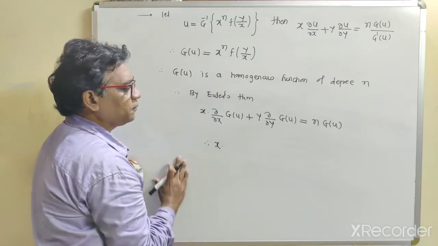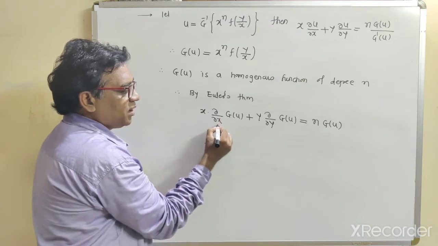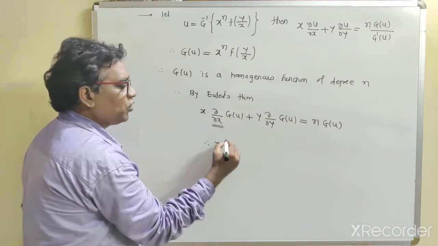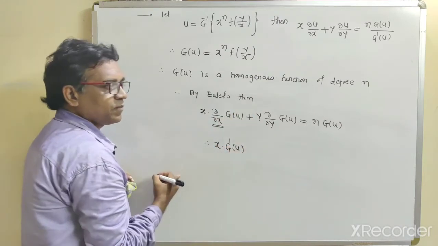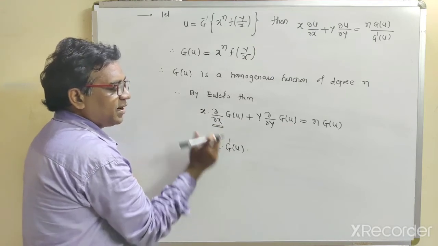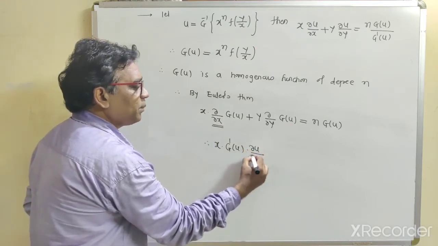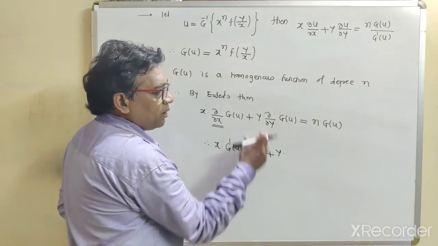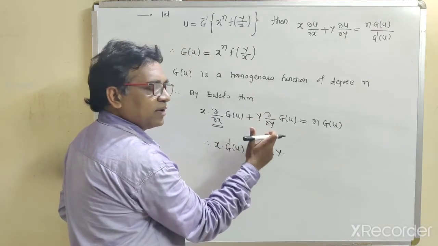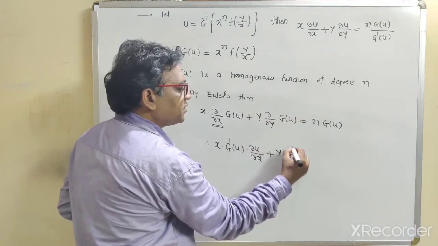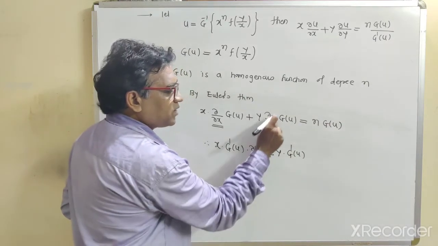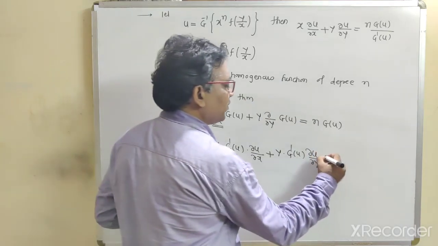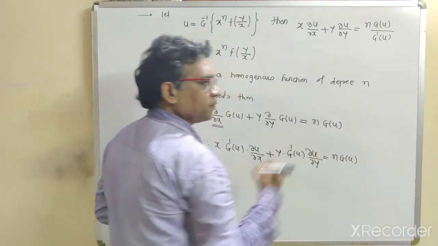So this is x into the partial differentiation with respect to x. First write the derivative of g, which is g dash, and partial derivative with respect to x means multiply by del u by del x, plus y into, for the partial derivative with respect to y, g dash u multiplied by del u by del y, is equal to n g(u).